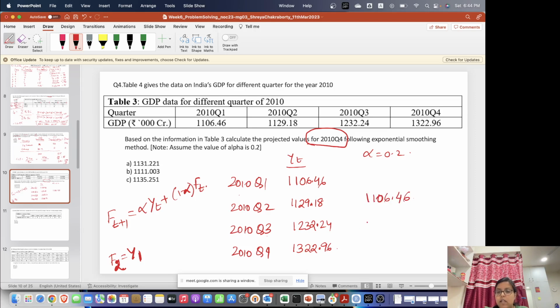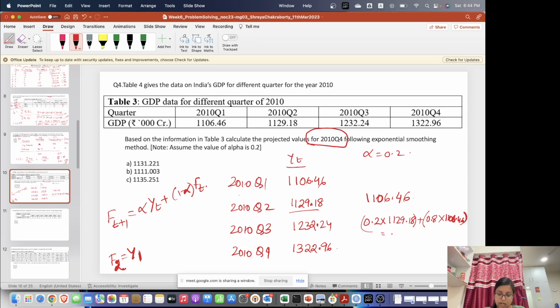For this one, it will be 0.2 into 1129.18 plus 0.8 into 1106.46.